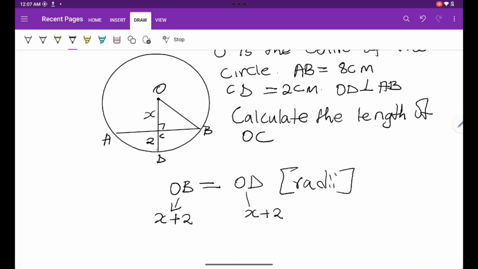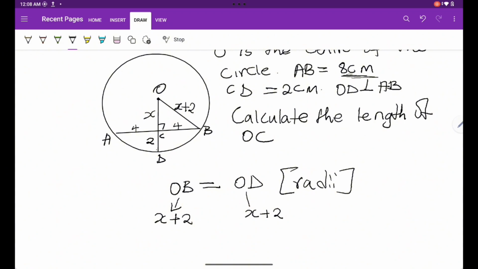So now we know that radius OD is X plus 2, meaning OB is X plus 2. We write X plus 2 on OB. Now we are also given that AB is 8 centimeters. Because the theorem states that if it's perpendicular then it bisects, AC will be 4 and CB will be 4.